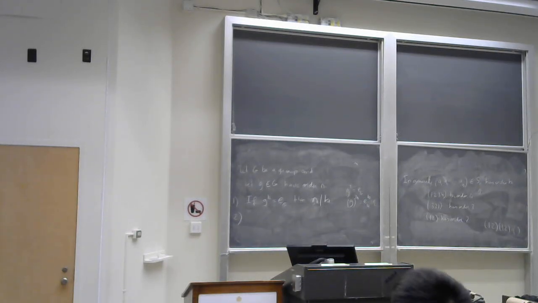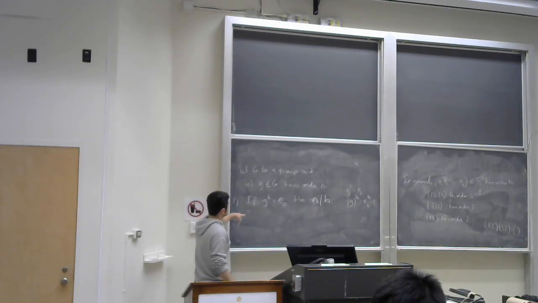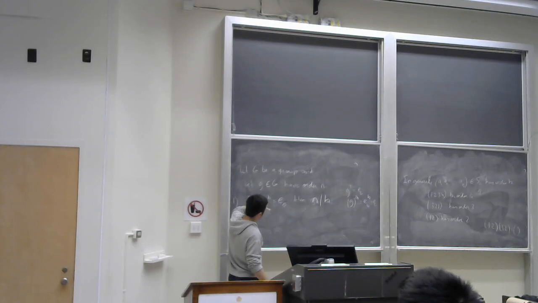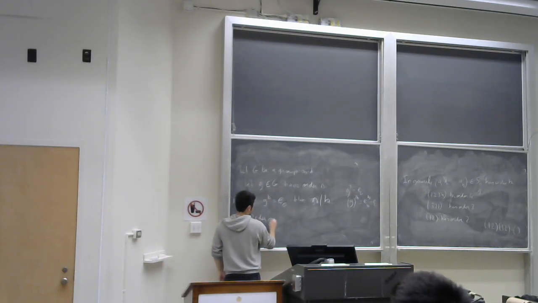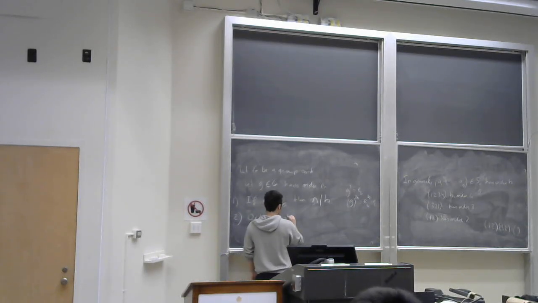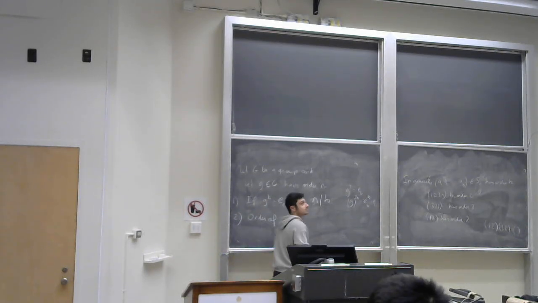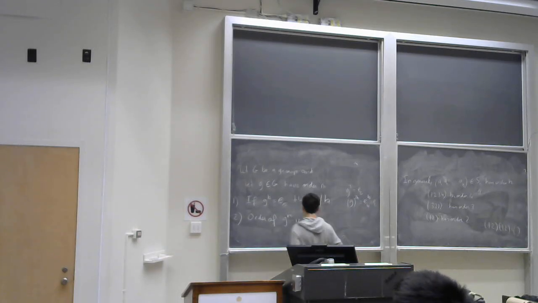Now, the converse holds. If you have g to some power equal to the identity, then that power is divisible by the order, the smallest strictly positive integer n such that g to the n is equal to the identity. And the order of, let's say, g to the m is, I think I forgot the formula. Let's hope this is good.